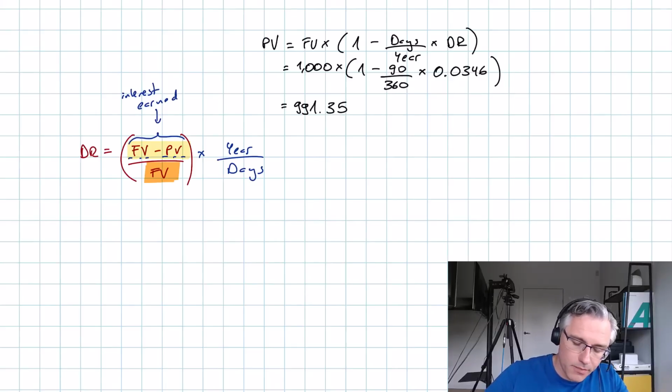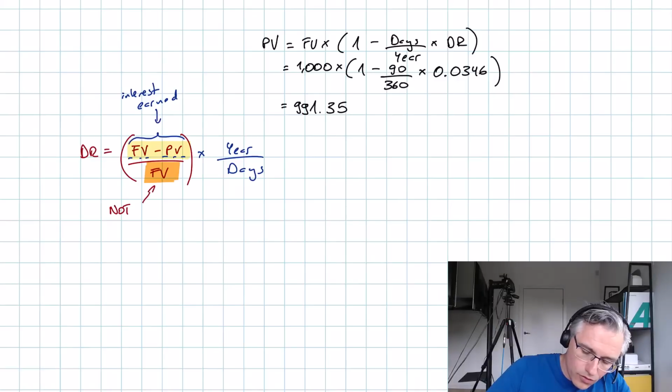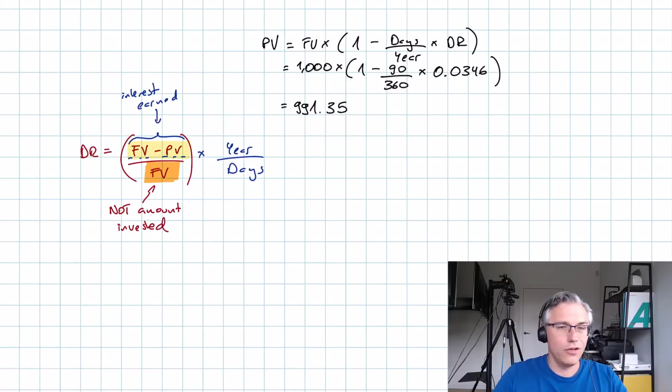Please appreciate that we're relating this to the face value and not the amount invested. Traditionally, when you calculate a rate of return on an investment, you've got the price you pay for an investment in the bottom of the fraction. Here you've got the face value in the bottom of the fraction.